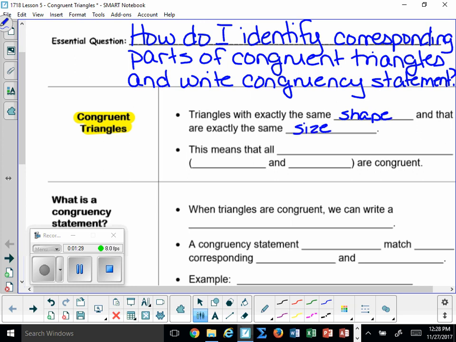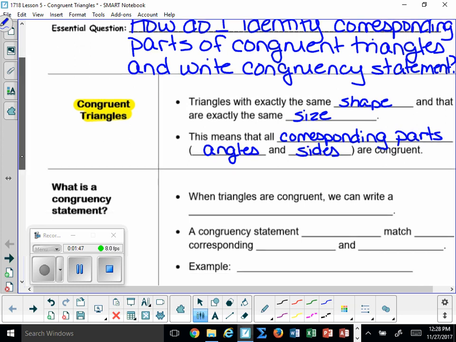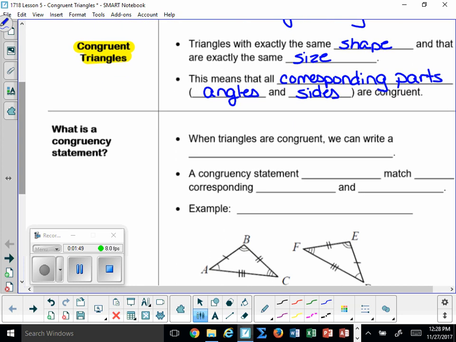And this means that all corresponding parts, meaning the angles and sides, are congruent.